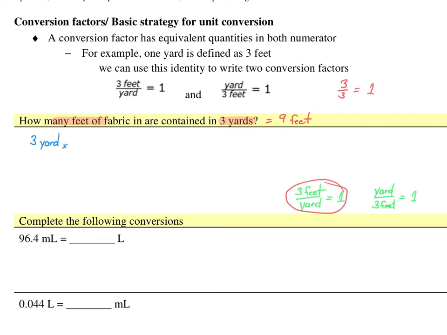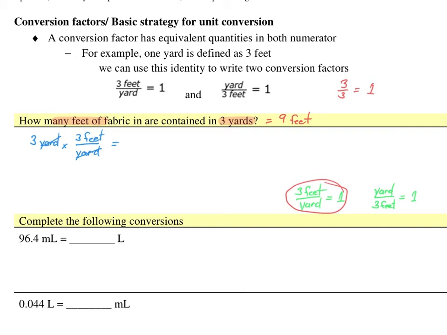So we write our conversion factor, 3 yards times our conversion factor that a yard is equivalent to 3 feet. And this way, we know that yards is going to cancel. We have yards in the numerator here and the denominator over here.